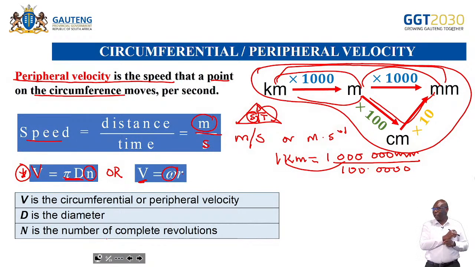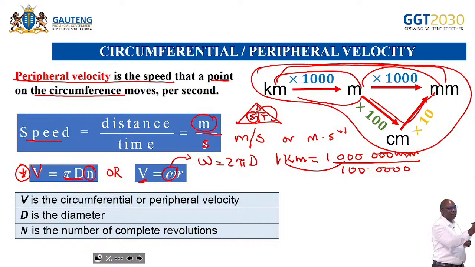These two formulae are the same. If I can just quickly show you. Remember what omega was? Omega was equal to 2 pi n. So if I multiply, I write this down, it will be 2 pi n multiplied by the r.